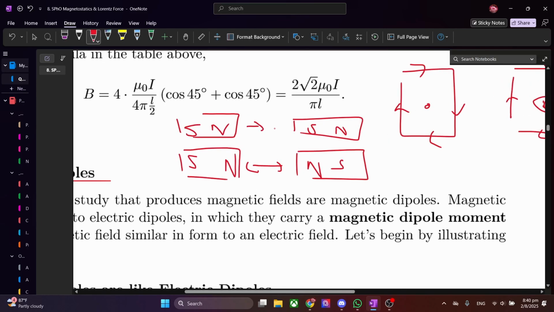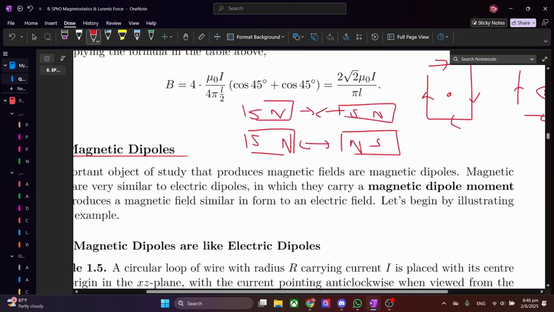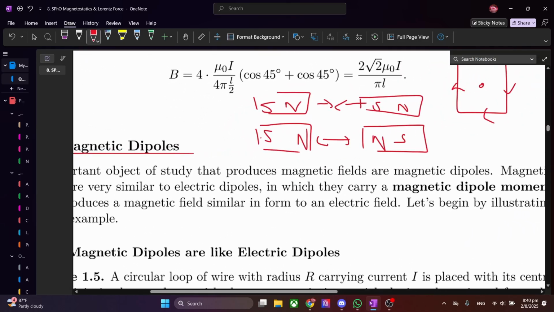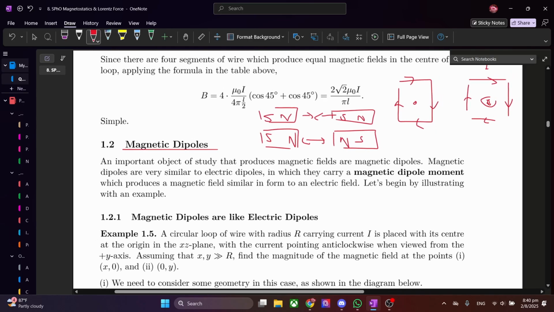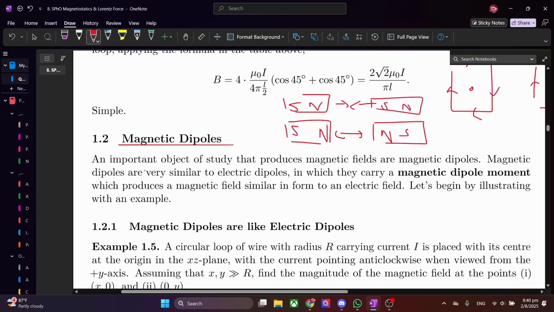I don't know how to draw it, something like this. But basically your magnets can be modeled as magnetic dipoles if they're small enough. Your magnetic dipole is basically like a traditional bar magnet that you think about lah, but small.